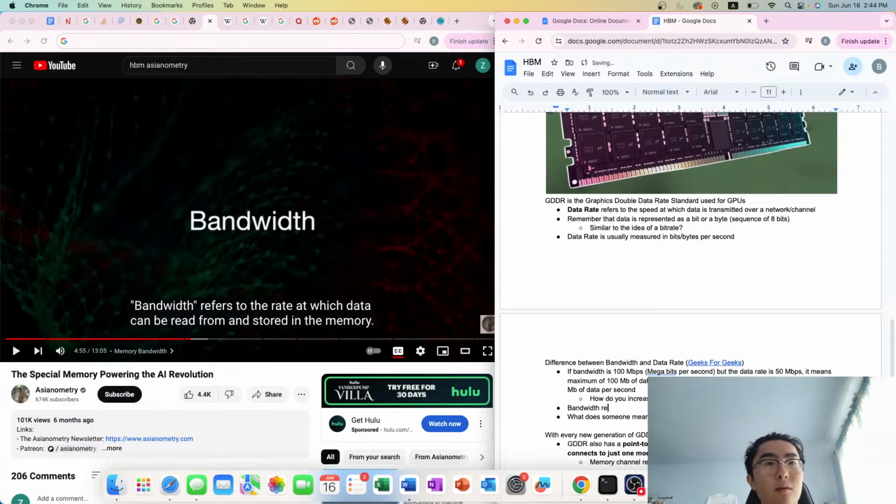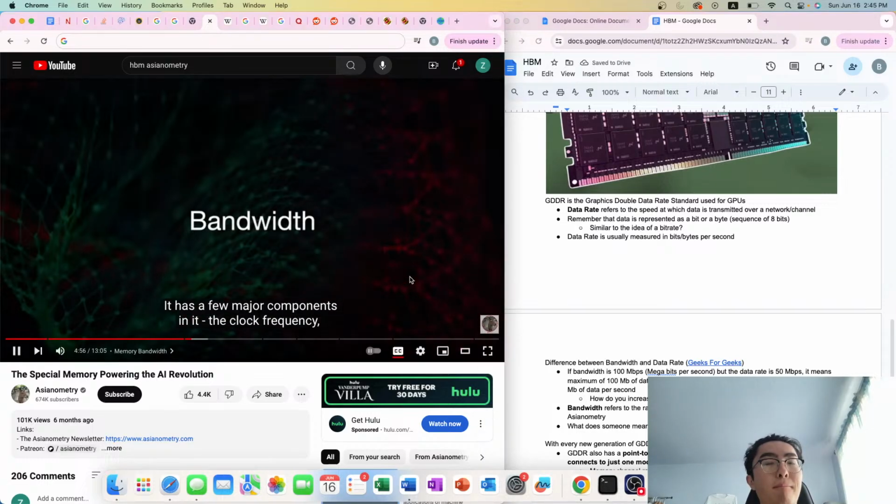So bandwidth refers to the rate at which data can be read from and stored in memory. So how's this different from data rate? It has a few major components in it.